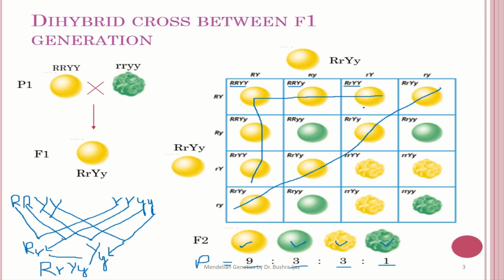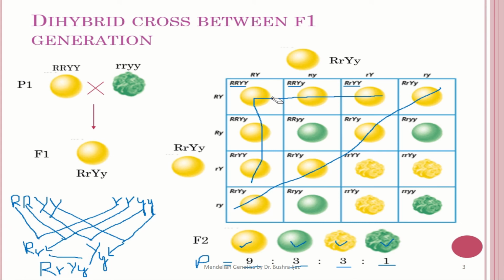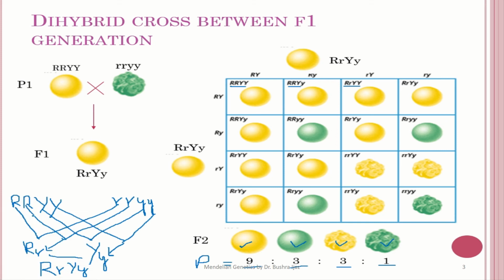So in that dihybrid cross, we now have to calculate the genotype. I have to erase these lines first. Okay, so for genotype, let us see what it is.